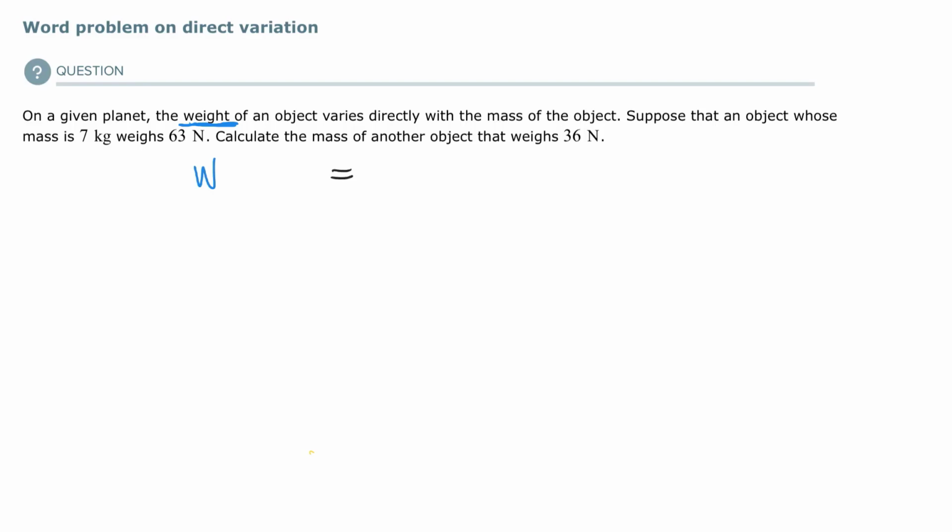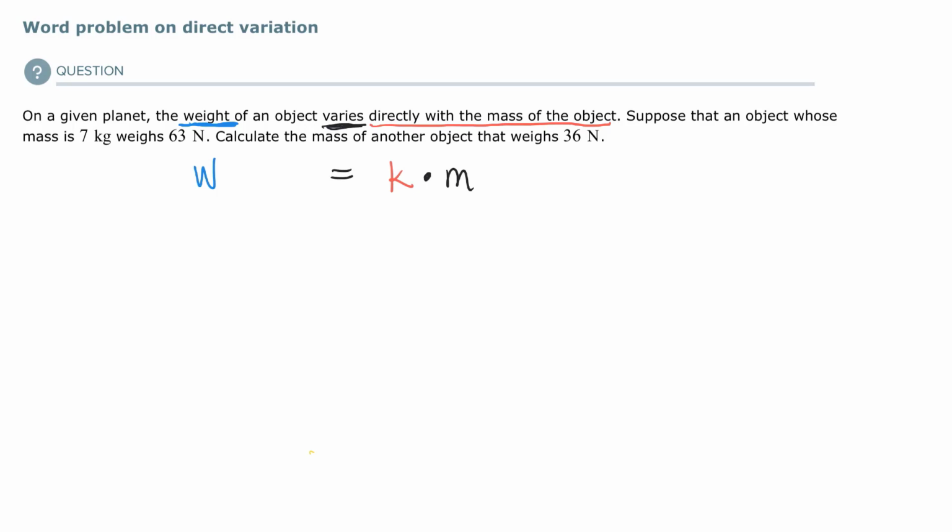Varies is going to be substituted with an equal sign. Directly here means there's a proportionality constant, and we call that K, with the mass of the object. So in here we just multiply by the mass of the object. So let's say we multiply by M.